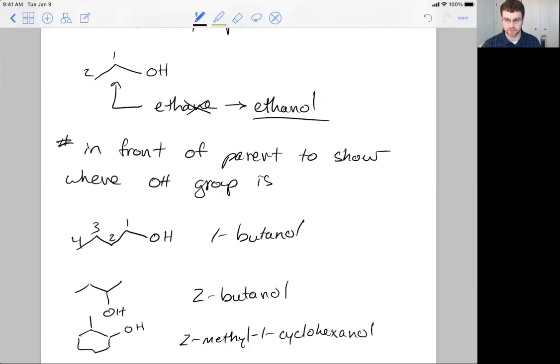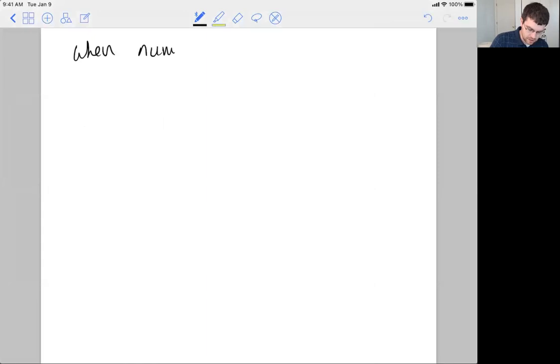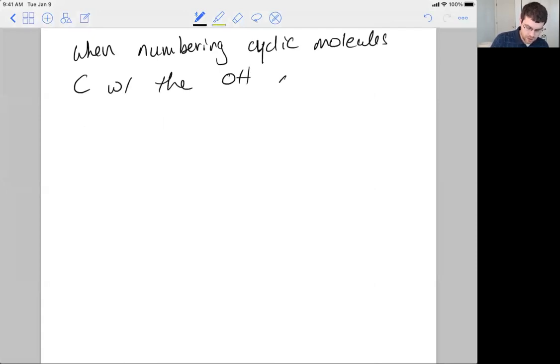So it happens to be the case that when you number cyclic molecules, the C with the OH group is number 1. That's often the case.